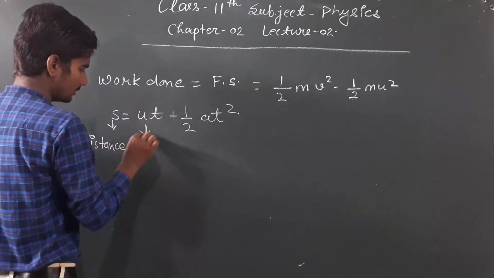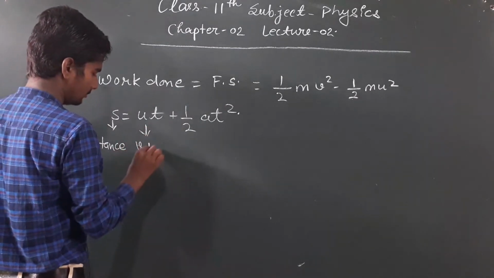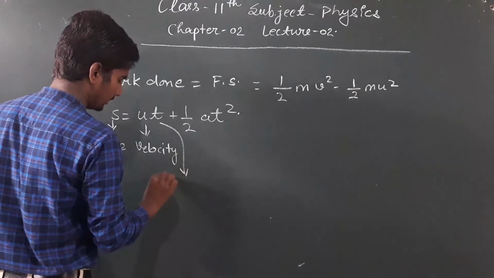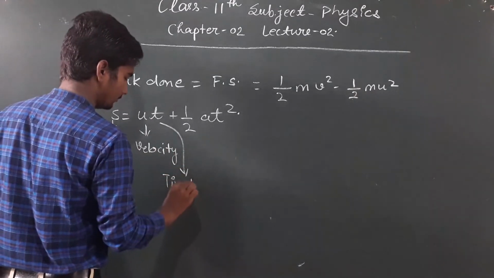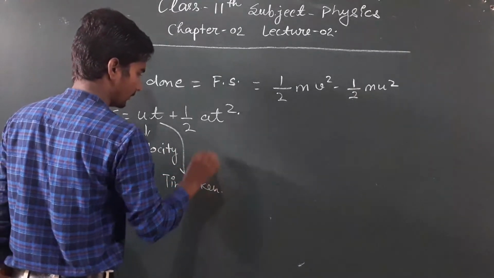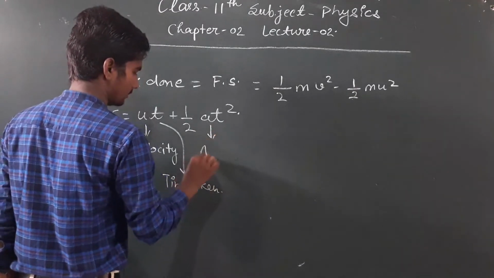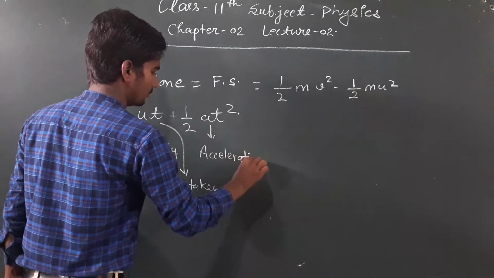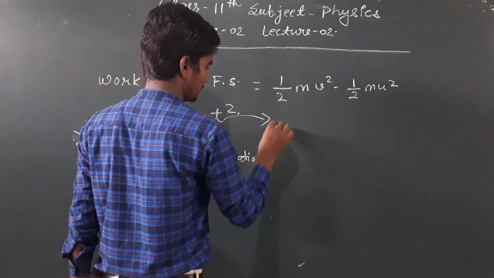Here u is initial velocity, t is time taken, a was acceleration, and again t was time taken.